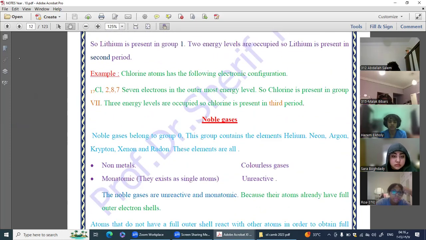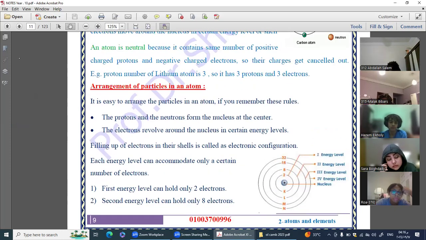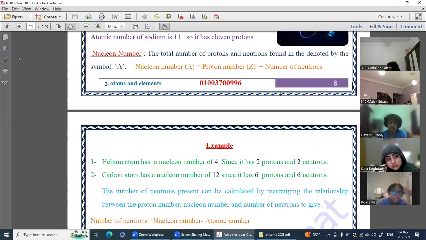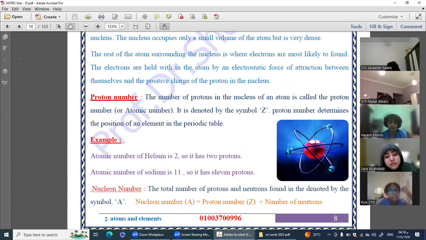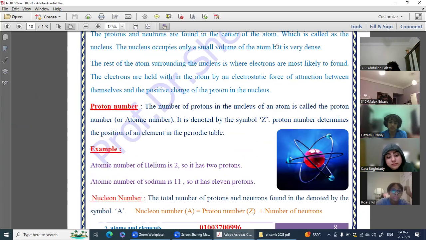For example, if we have sodium, Na 11 23. This number is called proton number or atomic number, and this number is called mass number. What is the difference between atomic number and mass number?